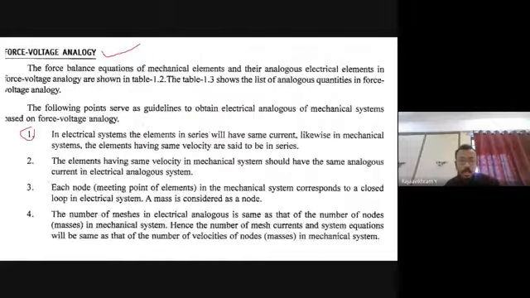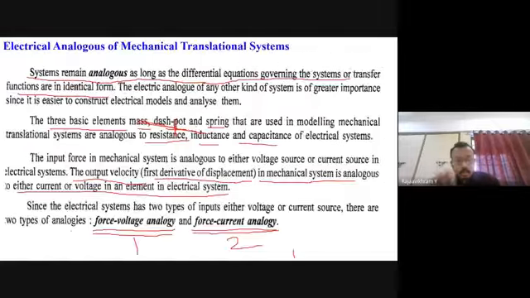Sorry for this confusion, I didn't note this down. So the mass is represented by inductance and the dashpot is represented as a resistance.